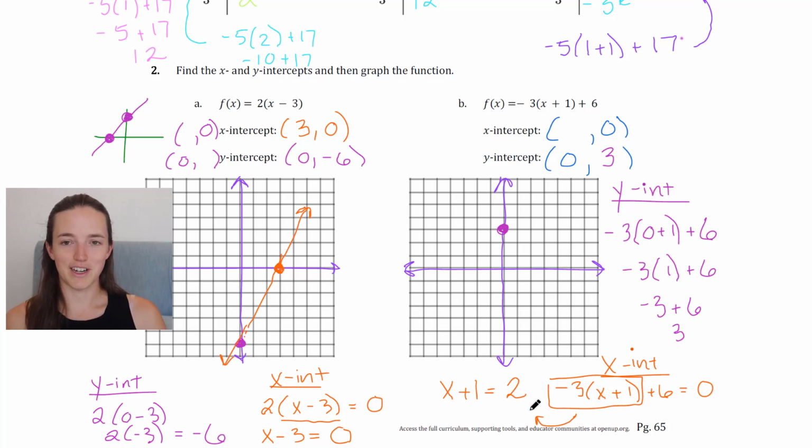Let me think through all that. If I have negative 3 times 2, that gives me negative 6. And then negative 6 plus 6 would give me 0. So this has to be 2. So x has to be 1. So 1, 0. And then we do our best impression of a line.